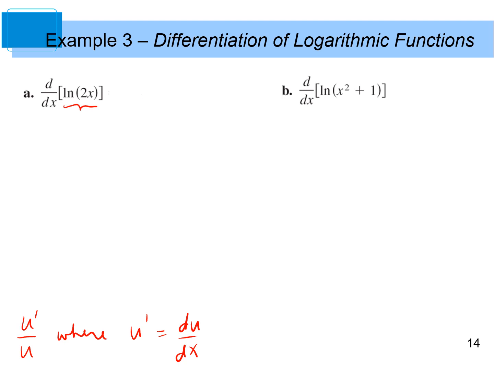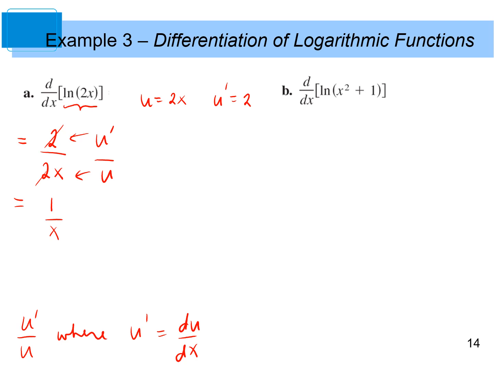Here, u is 2x, so u prime, the derivative of 2x, is 2. So we have 2 over 2x. This is our u prime, over u, which is 2x. Simplifying, we cancel 2, so the final answer is 1 over x. The derivative of ln of 2x is 1 over x.